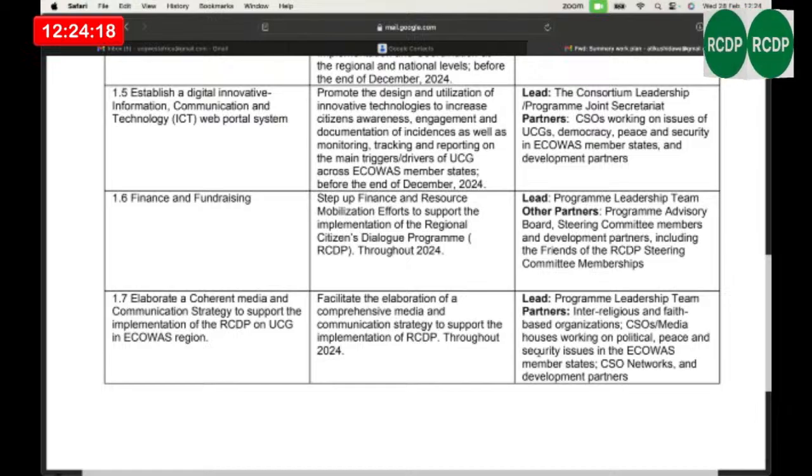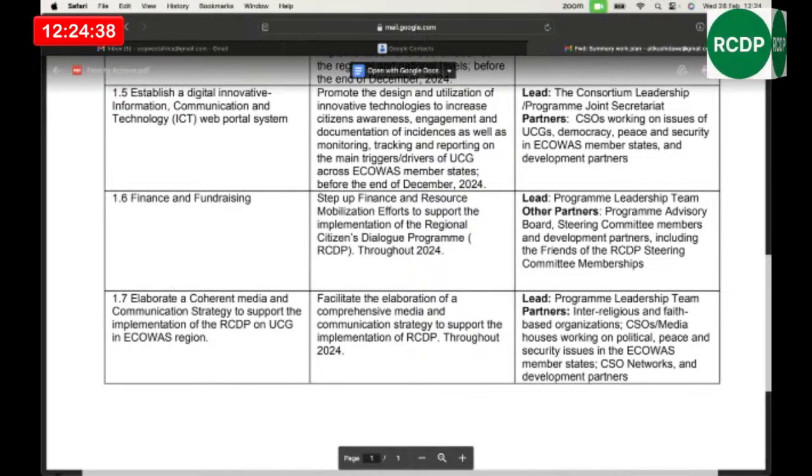If those representatives are in the room, it would be great to hear from you if you are willing and able to form part of the steering committee or friends of the steering committee. That would be appreciated, so we start building some consensus there and understanding as to who will be directly involved with supporting this initiative. Thanks very much.